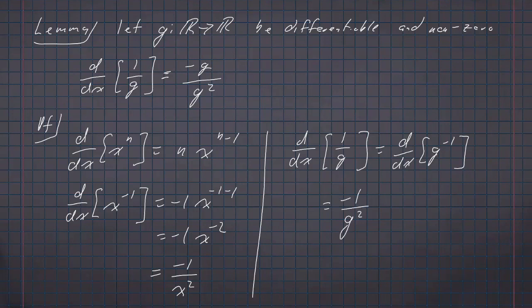Evaluate that at g, and then multiply by the derivative of g. Negative 1 over g squared times g prime. And all of that together gives us the result of the lemma.